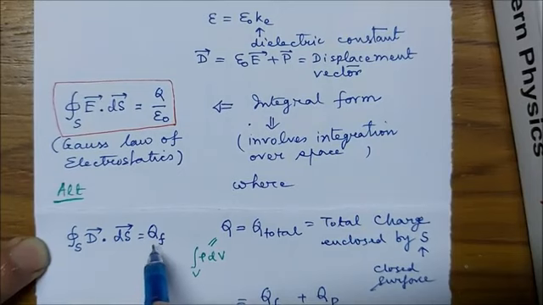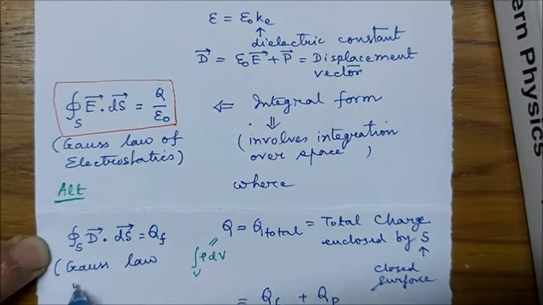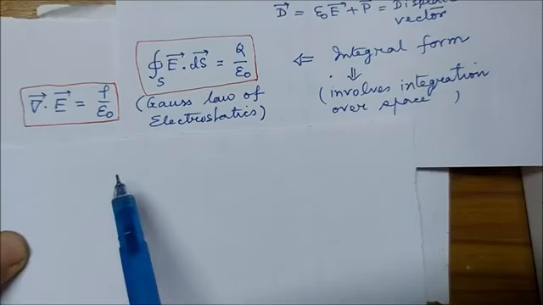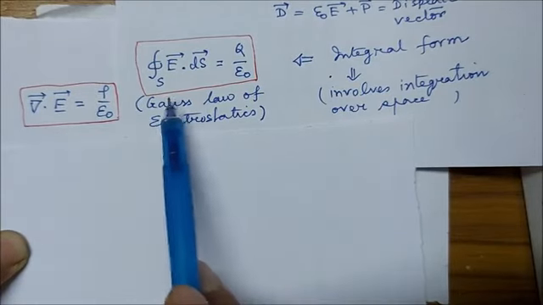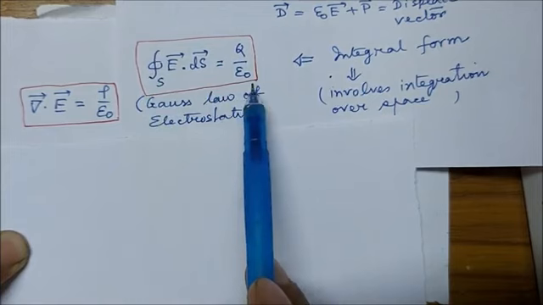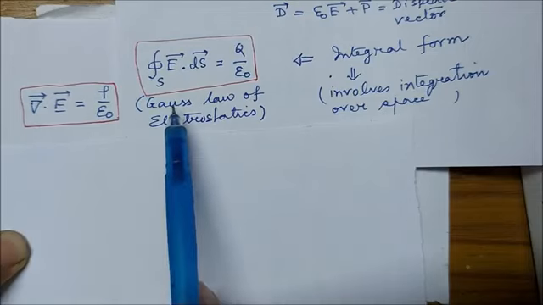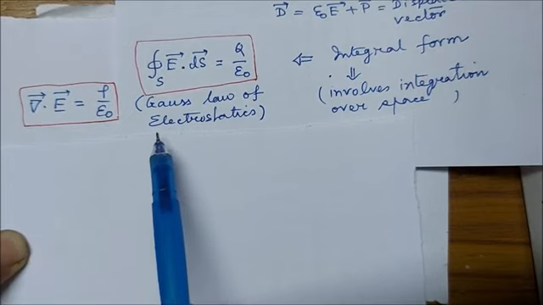It is equal to the total free charge, and this is the Gauss law in dielectric. So this is the differential form of first Maxwell's equation. This is the integral form of the first Maxwell's equation, it being also called Gauss law of electrostatics. And these are first Maxwell's equations expressed in SI unit.